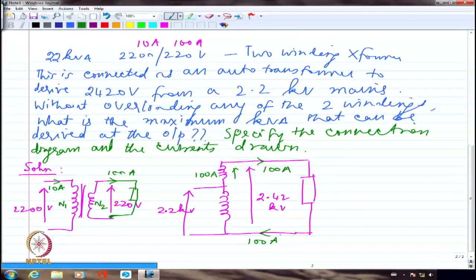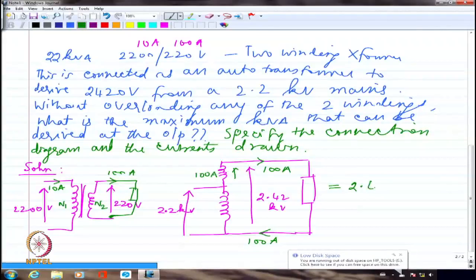What I am getting across the load is 2.42 kV and the current I have shown is 100 ampere. So how much is the total kVA rating? It is 2.42 multiplied by 10 power 3, multiplied by 100, that is 10 power 2. So the kVA rating is going to be 2.42 multiplied by 10 power 5 VA.